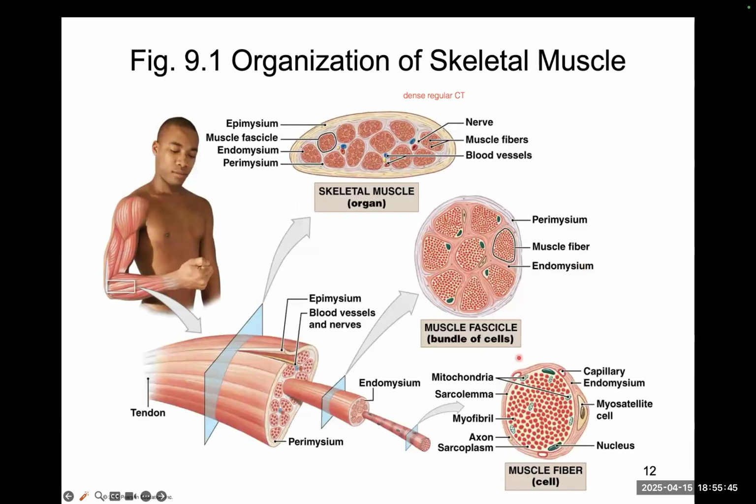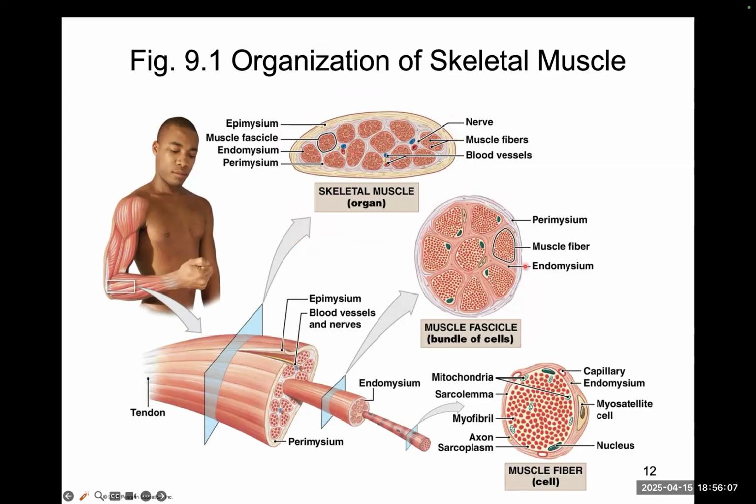Okay, so let's wrap up or recap. So we have your entire muscle here. If you do a cross section of your entire muscle, you have this epimysium. And then inside the epimysium, you have these bundles. These are called fascicles.